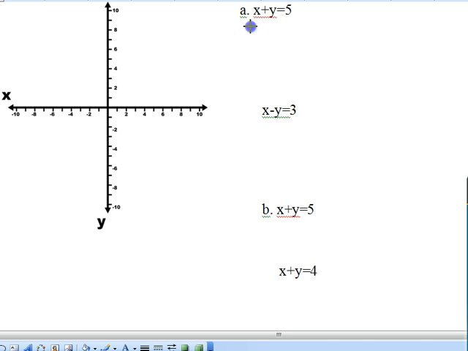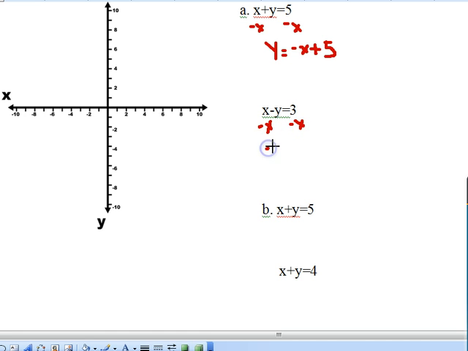Let's solve for y. Well, we're going to subtract x here, actually. And we'll get y is equal to negative x plus 5. All right, and then the other one is x minus y equals 3. So we're going to subtract x from both sides again.